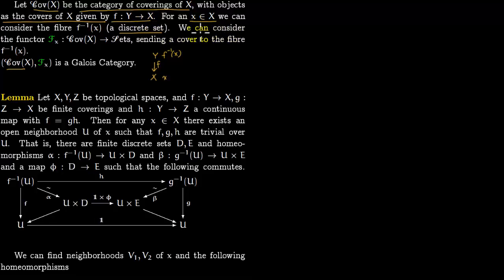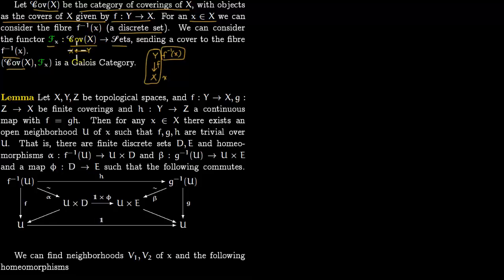Then we can consider the following functor. It goes from this category of coverings of a space X to sets, which basically sends a cover like this to a fiber, a discrete set. This fiber, which is a discrete set, will lie in sets.